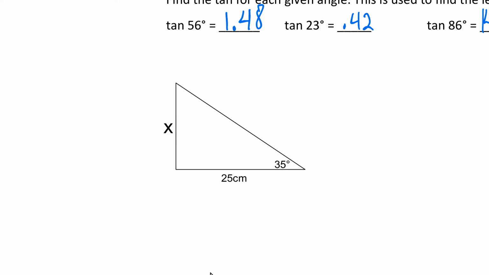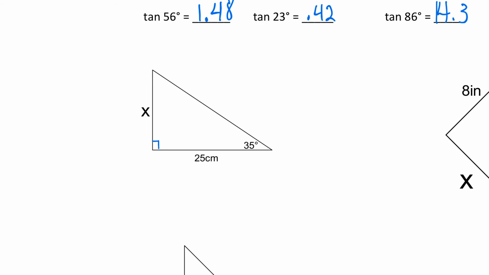So I'm doing something different here than what we did up there. Let me go ahead and put in my little right angle mark here. Now, as I look up there, I know this is 90 degrees, and I know this is 35 degrees. And it would be easy to find that one, but I don't need to. I already have this one. So I'm going to be using this angle right here.